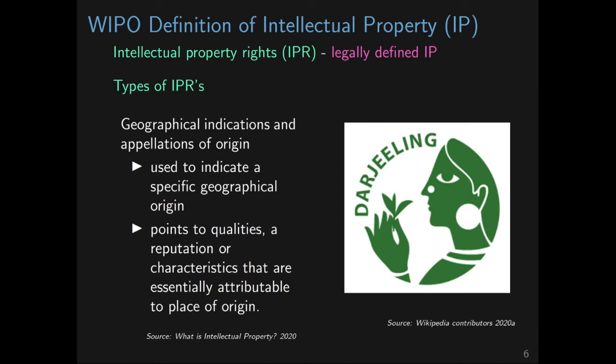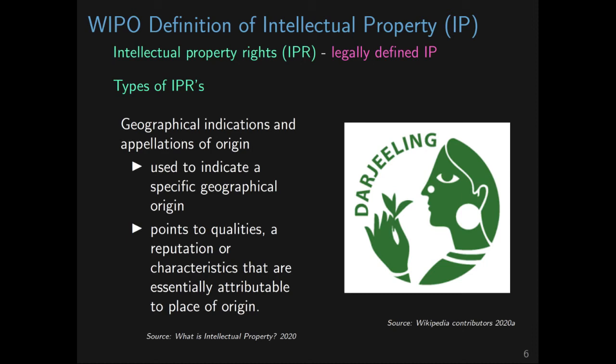Similar to trademarks are geographical indications. And geographical indications also connect products to something. In this case, the products are connected to a specific geographical origin. What is really connected are the reputation and characteristics of the product to its source.